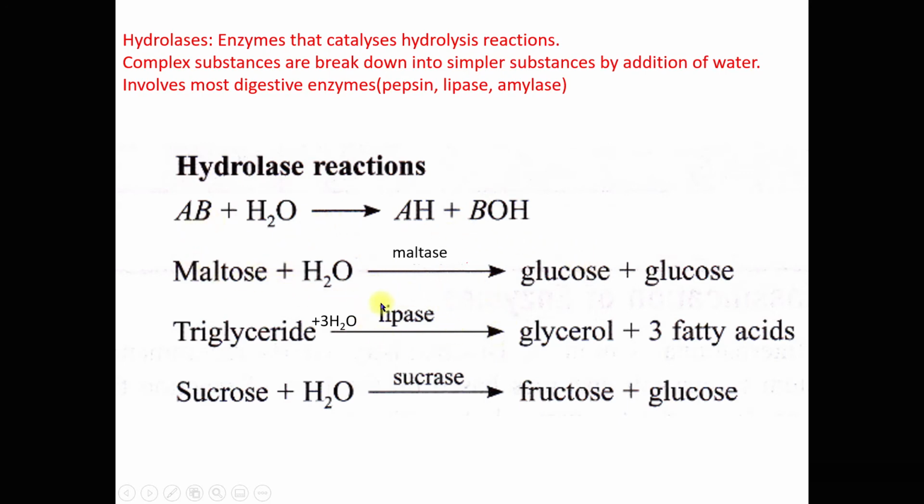Then lipase catalyzes the breakdown of triglyceride into glycerol and 3 fatty acids with the presence of water. And sucrase catalyzes the hydrolysis or breakdown of sucrose into fructose and glucose with the presence of water.